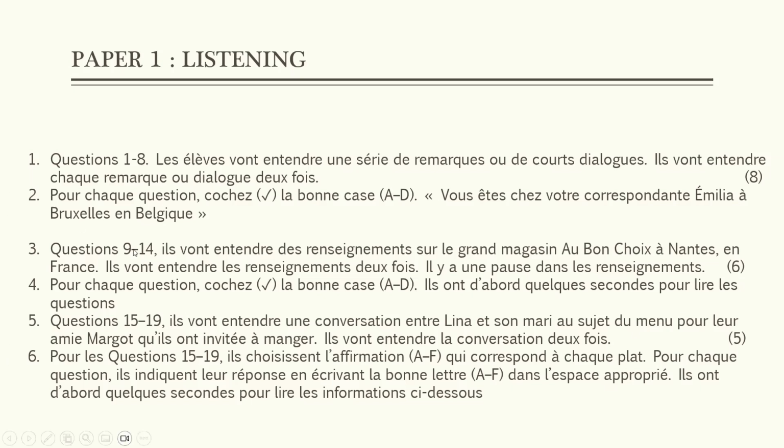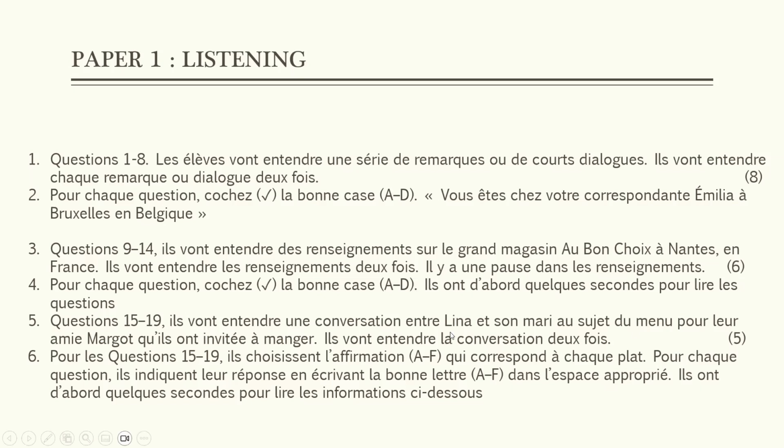When it comes to questions 9 to 14, they will listen to conversations with some information about a place, or something that happens in a restaurant or in a shop. They have to listen and choose the correct answer. It's again MCQ type. For example, 15 to 19 is again a conversation between two people.